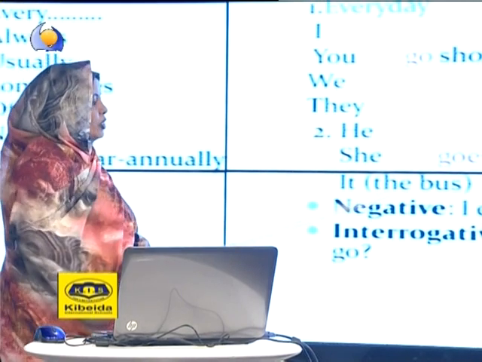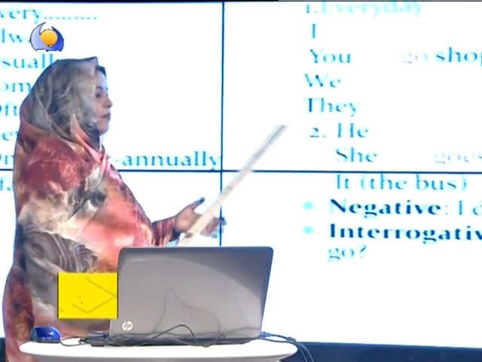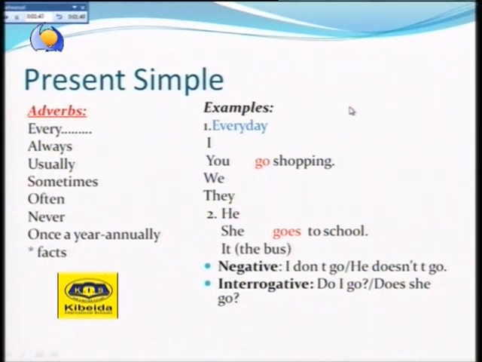As we have mentioned before, negative forms are formed always by using helping verbs, especially when you have a main verb that is formed of one word like go or goes. You need a helping verb to make negative or a helping verb to make interrogative or question. How do I do that?